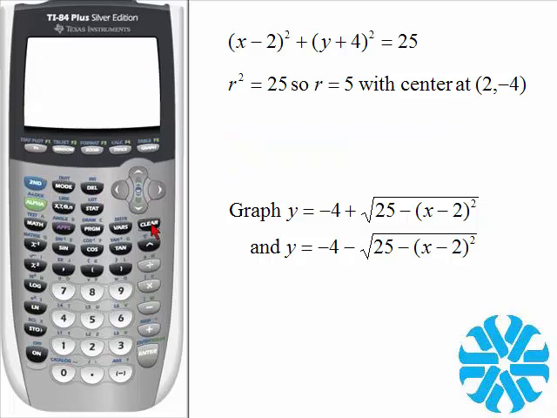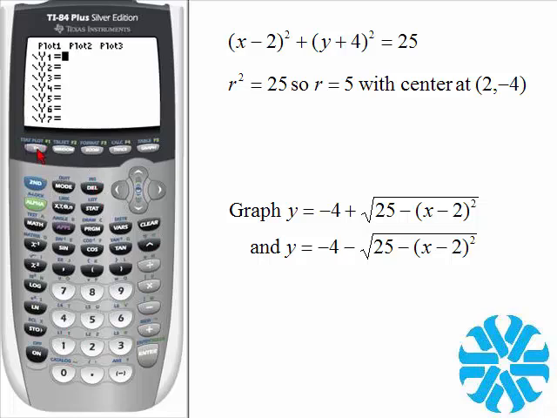Now, once again, we're already in the z-square mode, so let's keep it there because we're going to graph a circle and we don't want it to look like an ellipse. Alright? So let's go ahead and input the top half of the circle first.